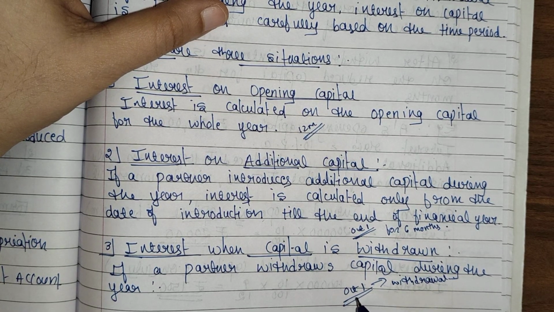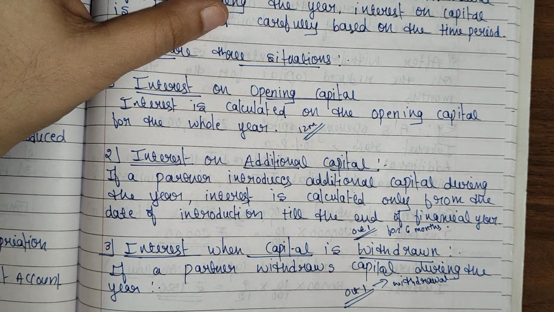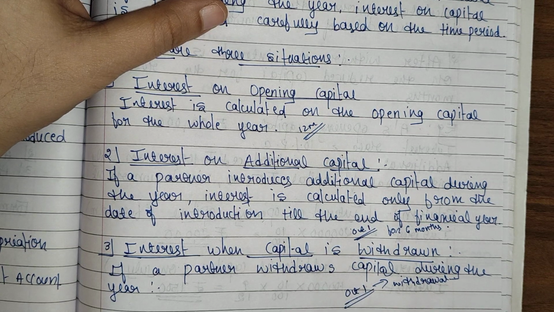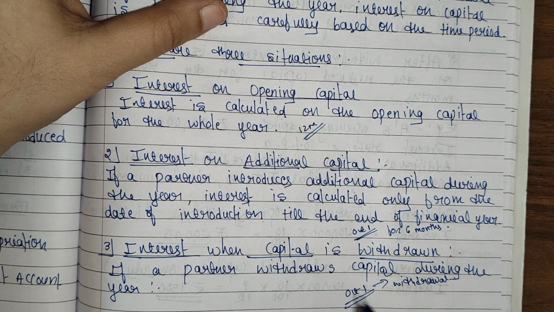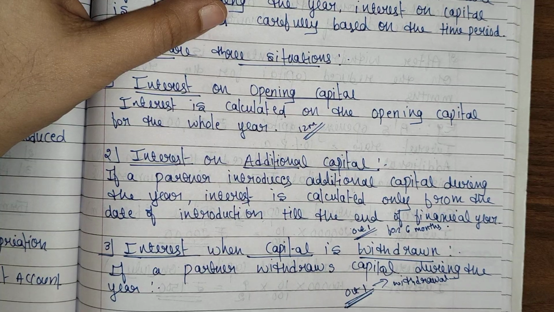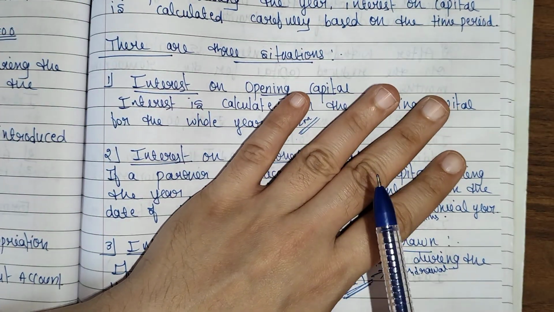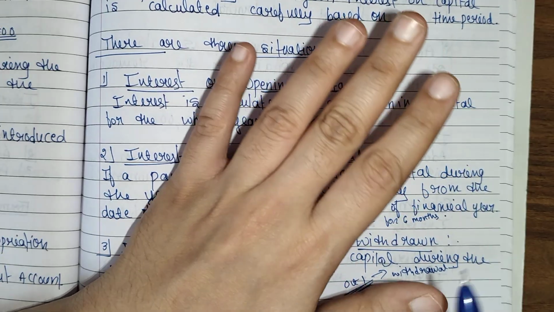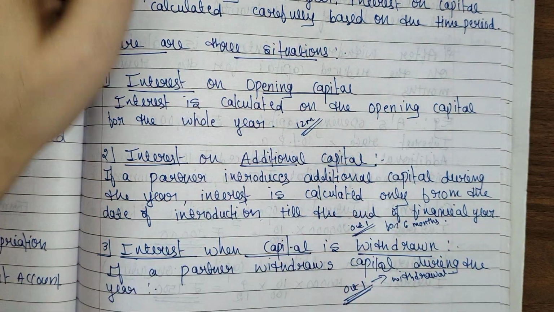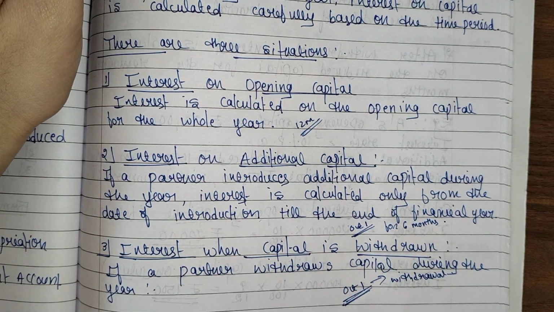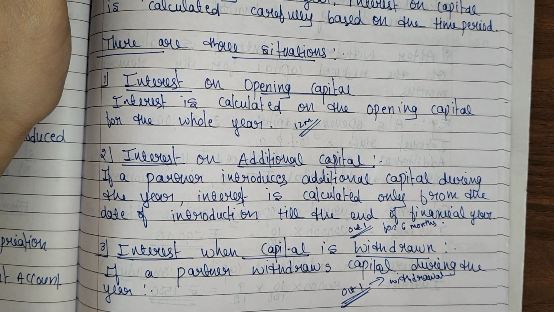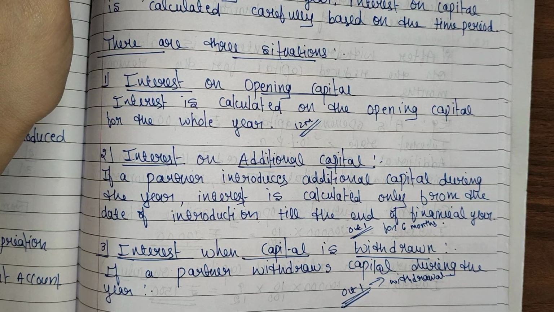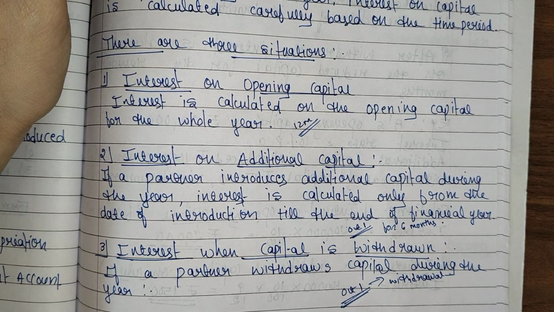The amount remained in the business till October 1st. Our year starts from April. So from April to September it remains in the business, but on October 1st it is withdrawn. So April, May, June, July, August, September, only 6 months that amount remained in the business. Till that we need to calculate the interest. Clear? So these are the situations.